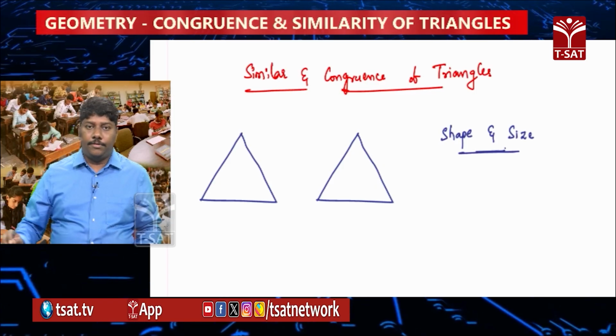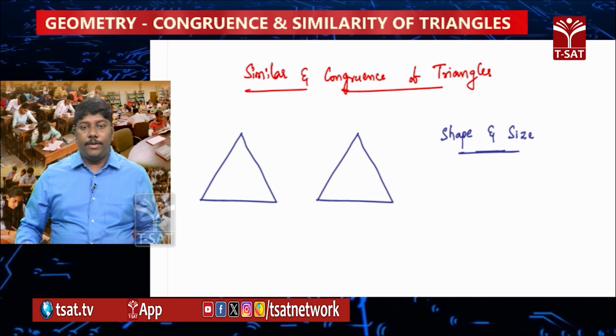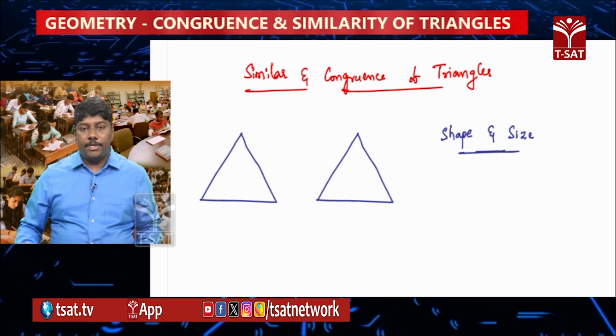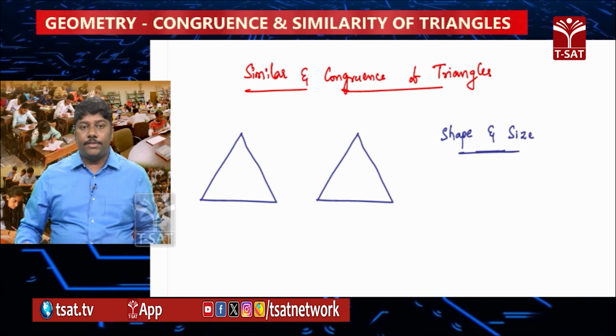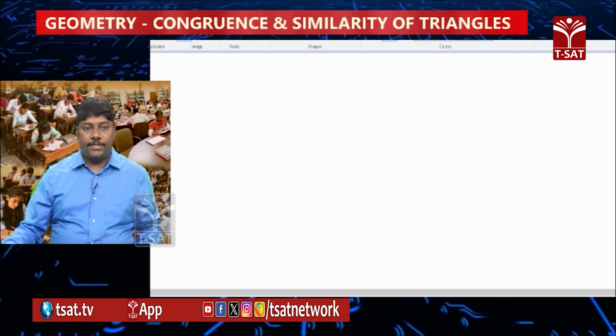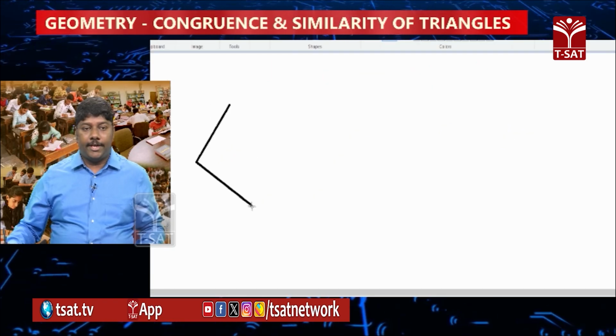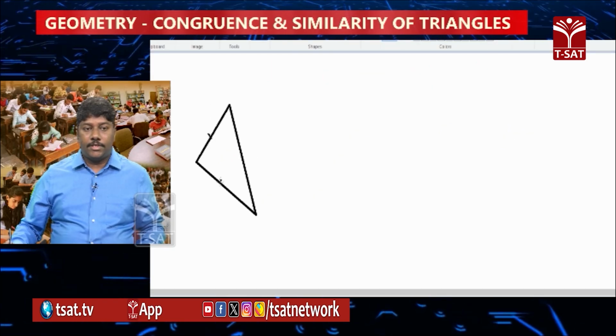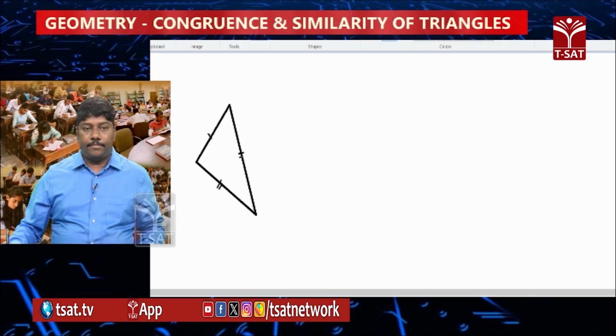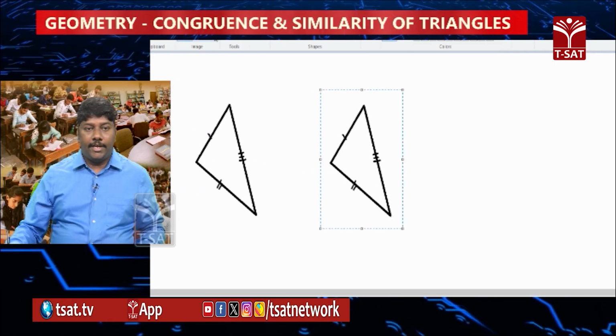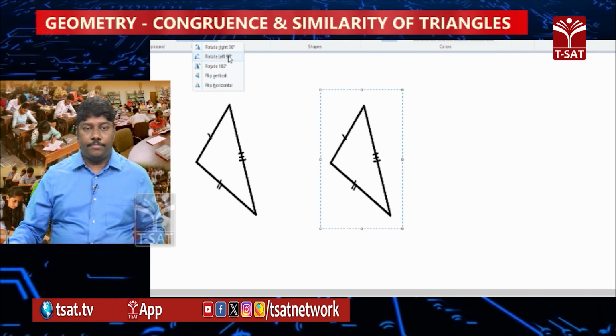It can be any figure. Not only triangles, if you take any two figures, and they are equal in shape and size, then you say that they are congruent. Just take a triangle, side 1, side 2, side 3. I'm just tilting or rotating this triangle.